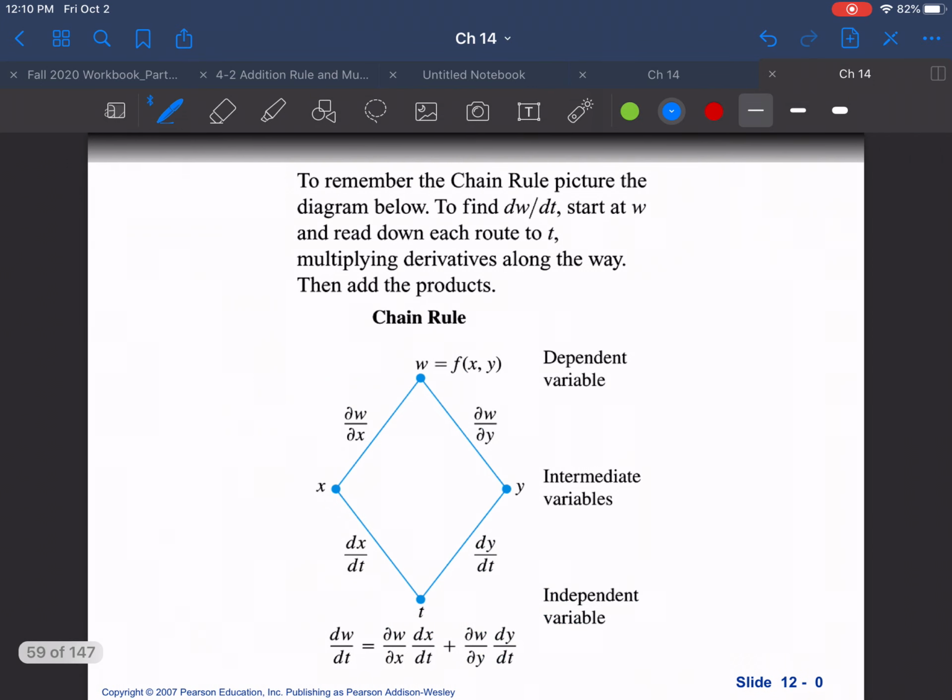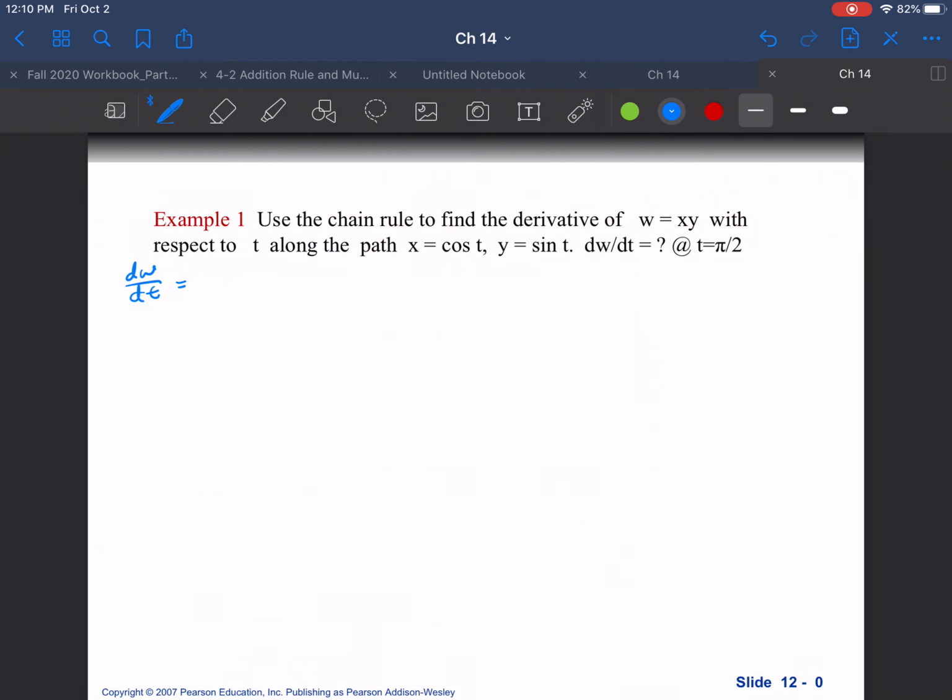So that's what we're trying to get here, and so we have to do partial w partial x times dx dt, and then do that with y: plus partial w partial y times dy dt. So if we calculate each one of these, we can combine them all back together.